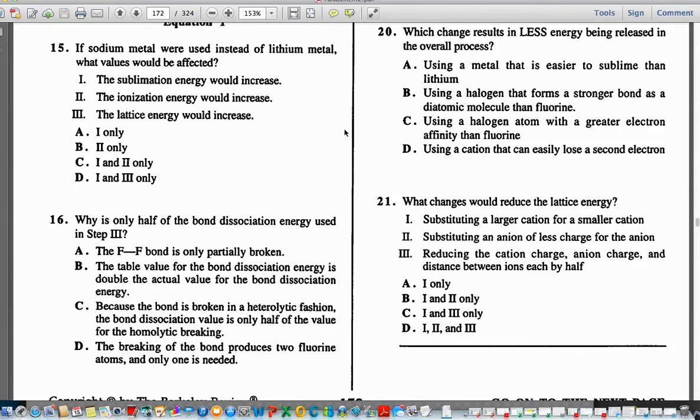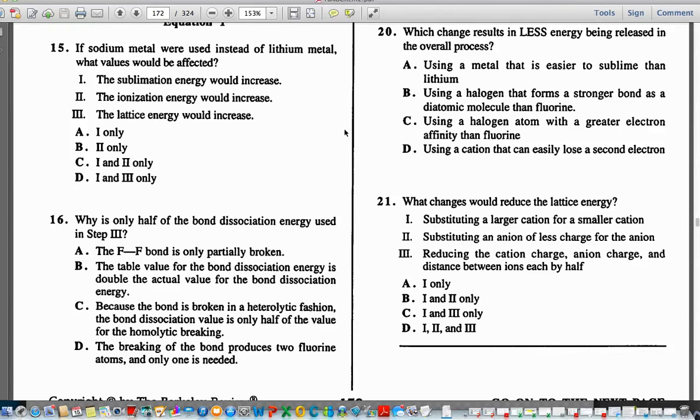Using a halogen atom with a greater electron affinity than fluorine, no such atom exists. Right. Using a halogen that forms a stronger bond as a diatomic molecule than fluorine, that would result in less, because it would take more energy to break it. So I would answer B with that one. Okay.